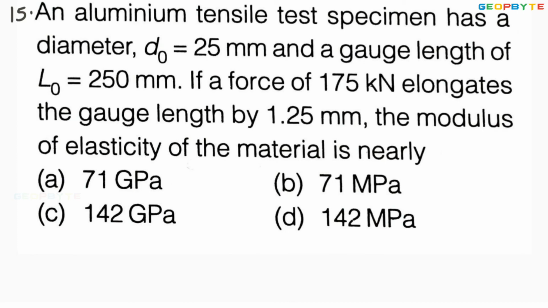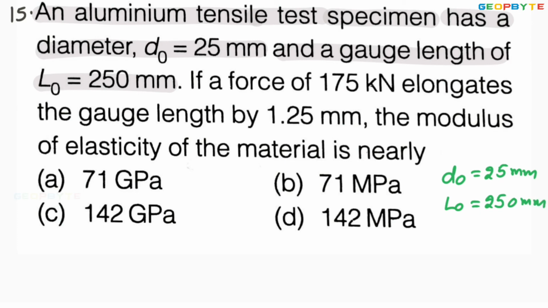Look at the next problem. An aluminum tensile test specimen has a diameter d naught equal to 25 mm, and the gauge length, that means original length, is given as L naught equal to 250 mm, 10 times the diameter.